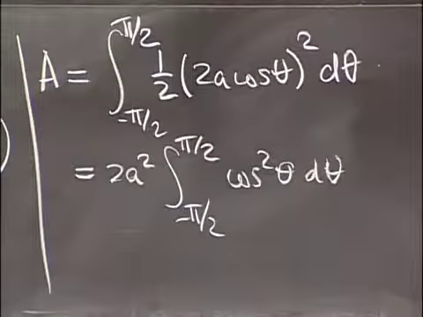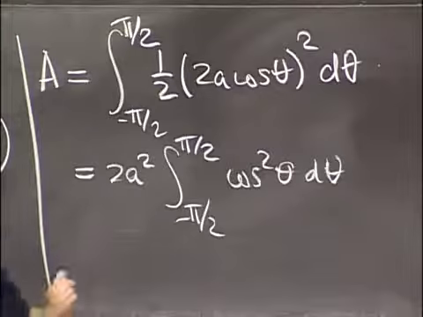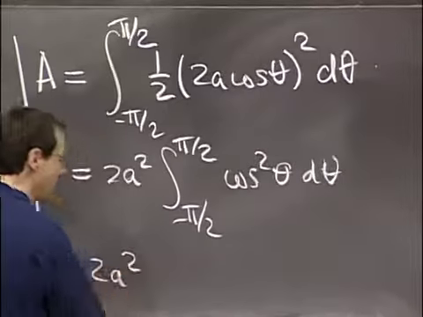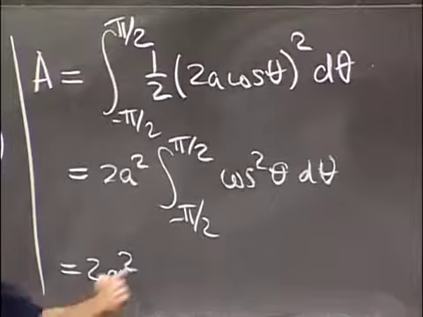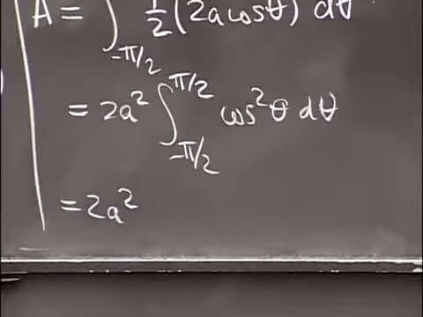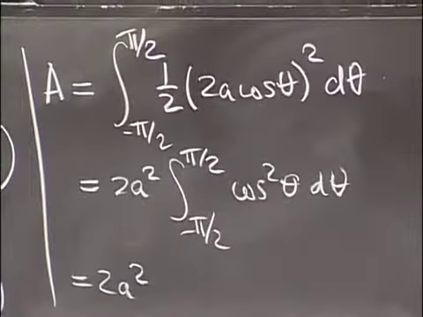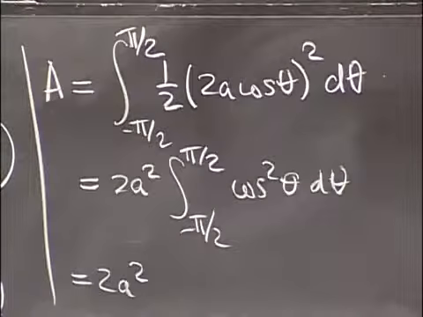And now you have to remember what you're supposed to do at this point. If you haven't done it yet, this is practice you need to do. This trig integral is handled by a double angle formula. I'm going to be giving you these formulas on the review sheet.